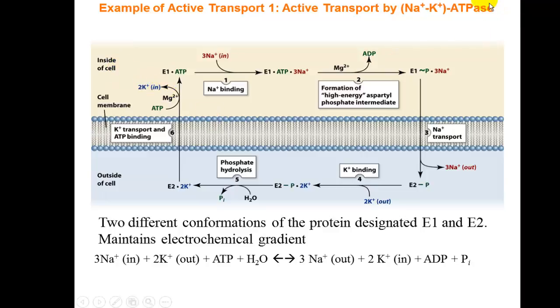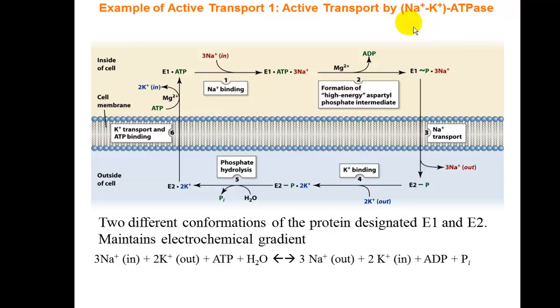So first of all, let's just parse these words here: sodium, potassium, ATPase. So we're transporting sodium ion and potassium ion, and we're harnessing the power of ATP to do that. Anytime we hydrolyze ATP, we are doing so at the expense of energy.